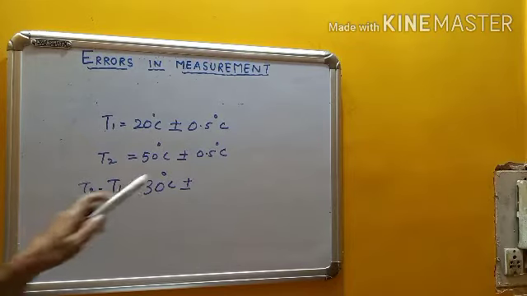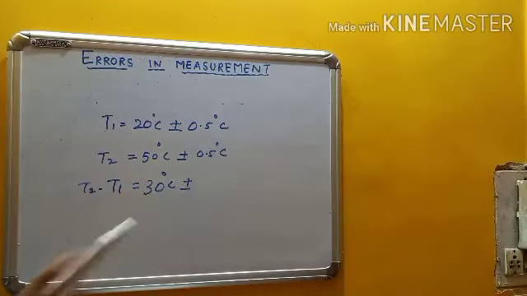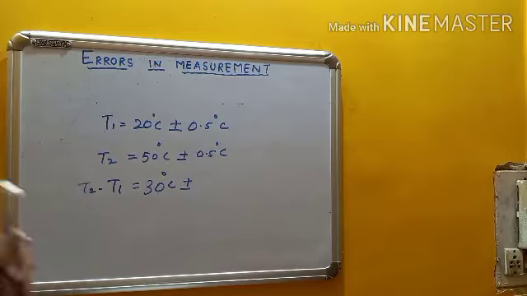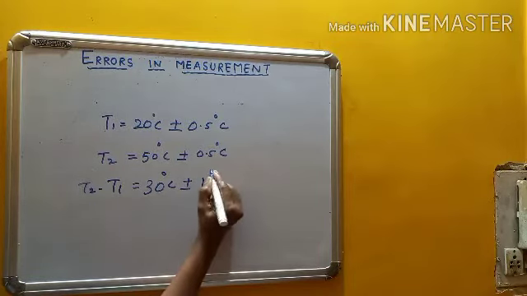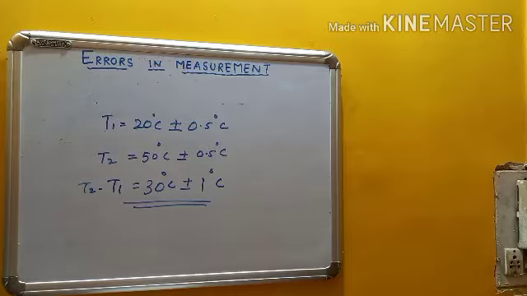So here children, you are not supposed to subtract the absolute error. 0.5 minus 0.5 you are not supposed to do. In addition and subtraction, the absolute error should be always added. So 0.5 plus 0.5, that will be 1 degree Celsius. So what is the temperature difference? We got it as 30 degrees Celsius plus minus 1 degree Celsius.